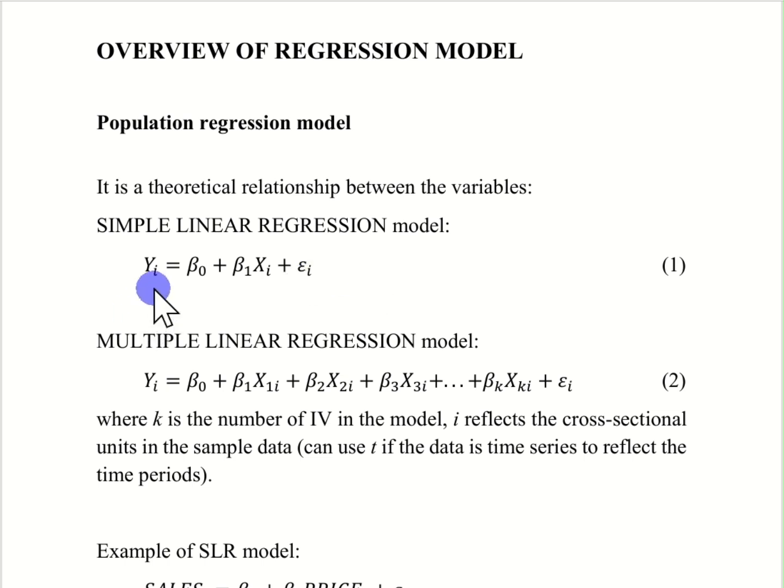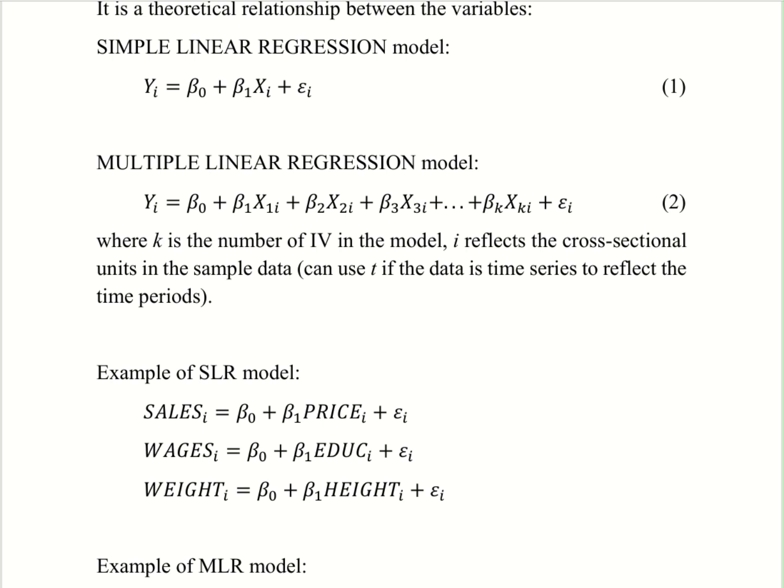Here y is the dependent variable, x is the independent variable, beta 0 is the intercept, and beta 1 is the slope coefficient. The term epsilon, represented by the error term, captures all the other influences on y that are not explained by x.